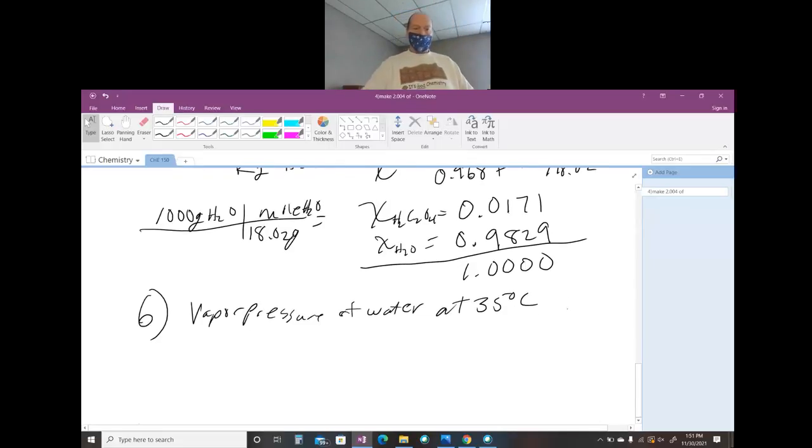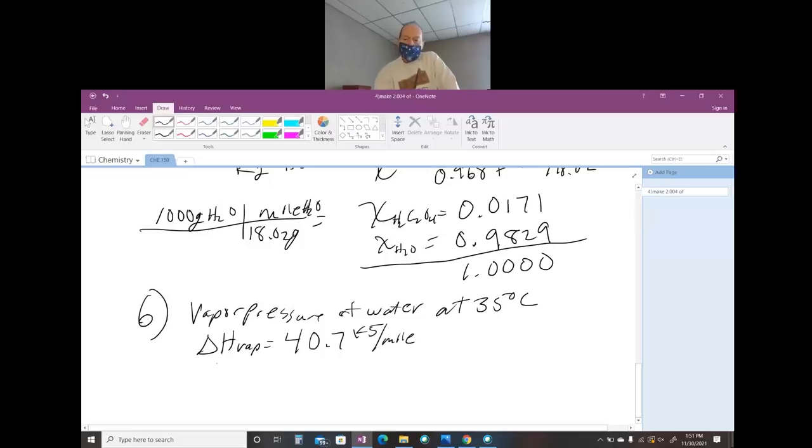All right, and so they do give us a bunch of constants. The one we need, delta H of vaporization. That is 40.7 kilojoules per mole.